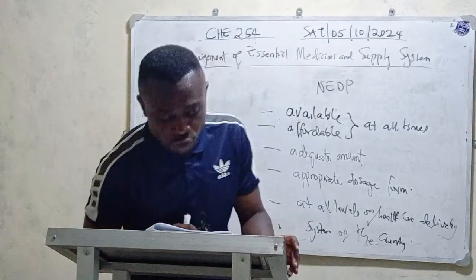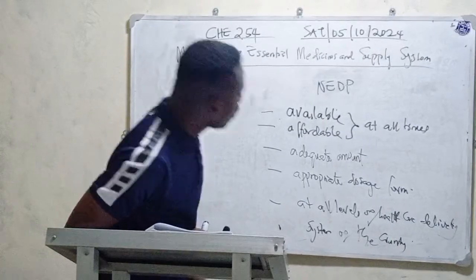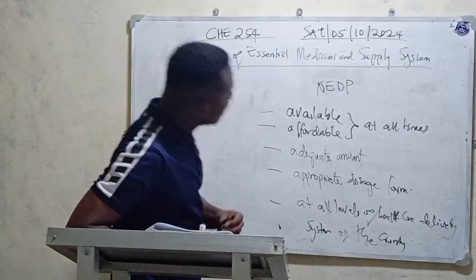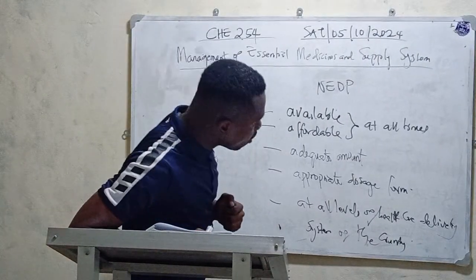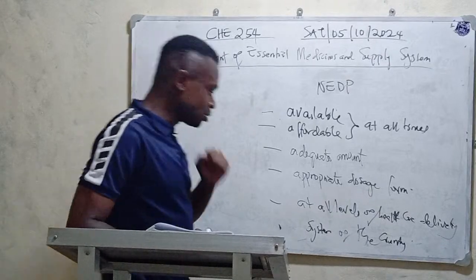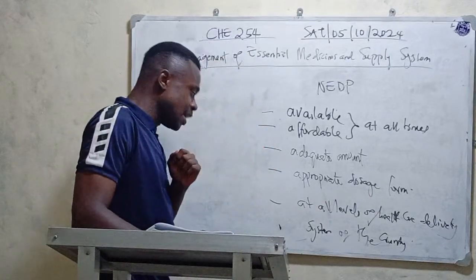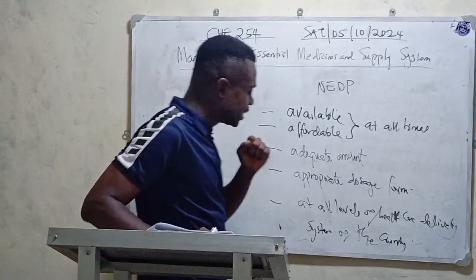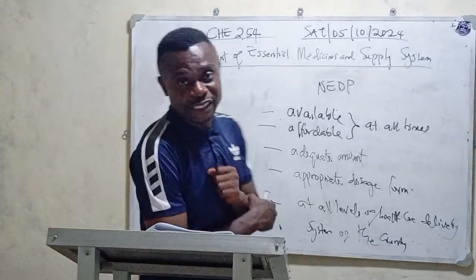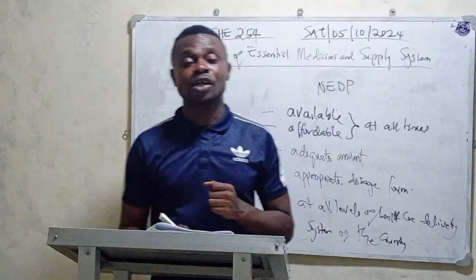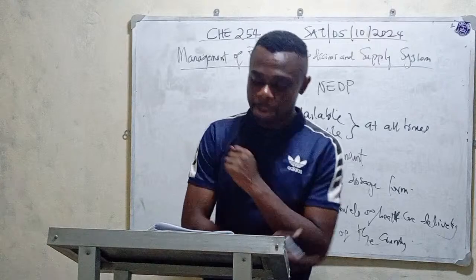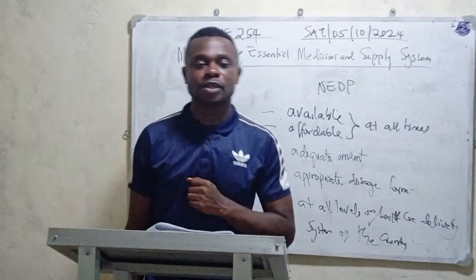And these drugs should be readily available, affordable at all times, in adequate amounts, in appropriate dosage form, and at all levels of the healthcare delivery system of the country. This is the full definition of essential medicines.